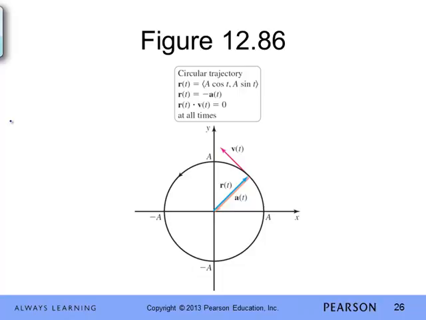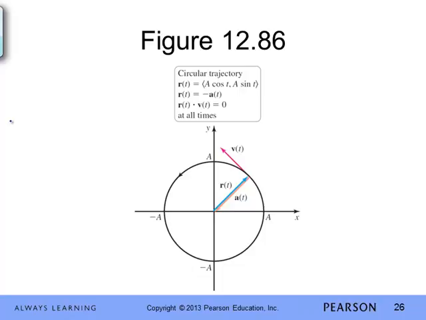So, of course, then you can use the product rule. So there, I used the product rule.